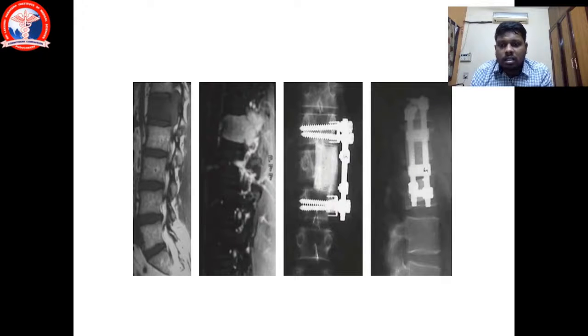And this is an MRI of a pathological fracture patient where they have gone for curettage and stabilization, and it is fixed with a strut graft.